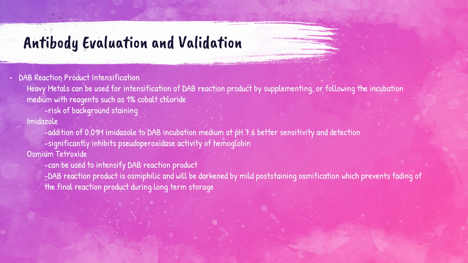Adding imidazole to the DAB incubating medium at a pH of 7.6 increases the sensitivity. It also inhibits pseudoperoxidase activity of hemoglobin, which is in red blood cells. Osmium tetroxide is another DAB intensifier, and the difference here is that it's used after the DAB reaction takes place, not before.